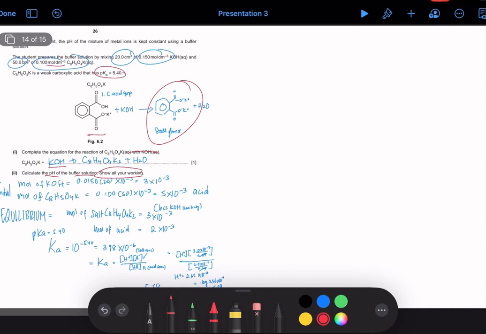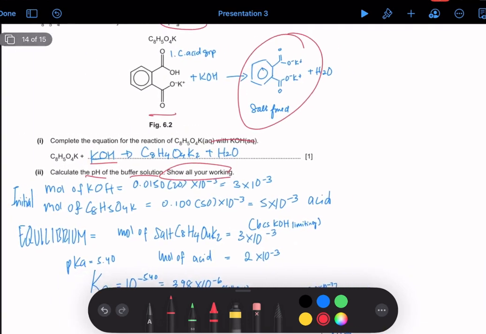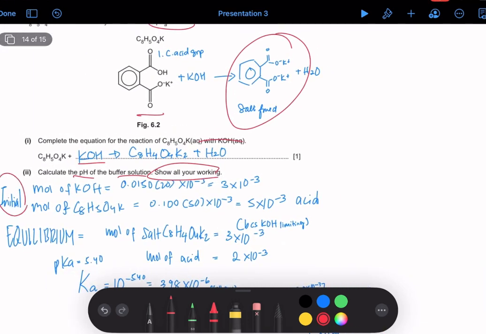Alright, so this one is actually not that difficult, but it's very time consuming and a lengthy process. So what you want to do first is find the initial mole of KOH and C8H5O4K. You do this by multiplying the concentration with the volume. Make sure it's in decimeter cubes, so you have these two values.